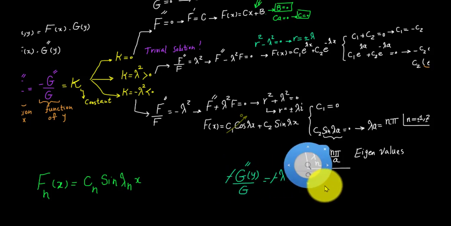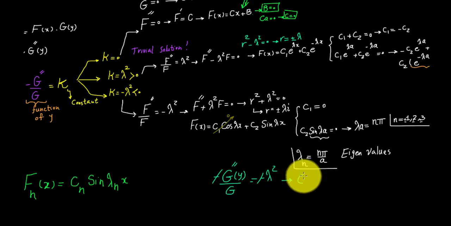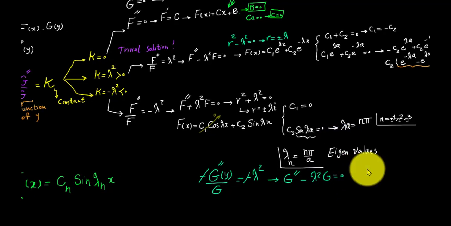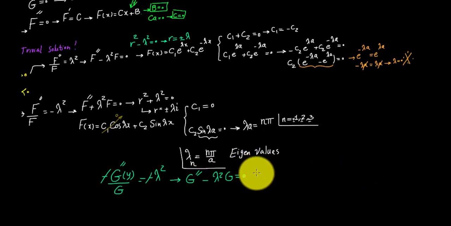So the double negatives cancel. If we isolate and cross multiply, this gives G double prime minus lambda squared times capital G equal to 0. And if we solve for characteristic equation, it gives r equals plus or minus lambda.